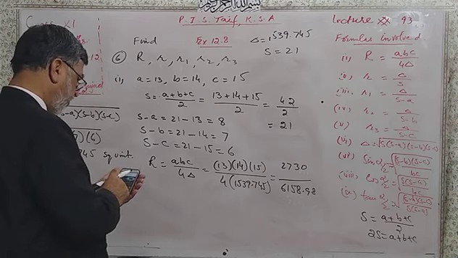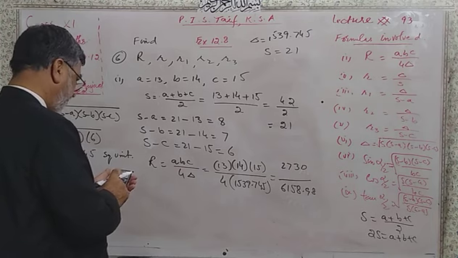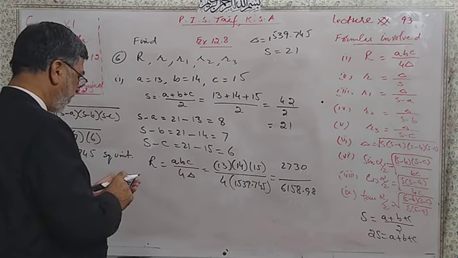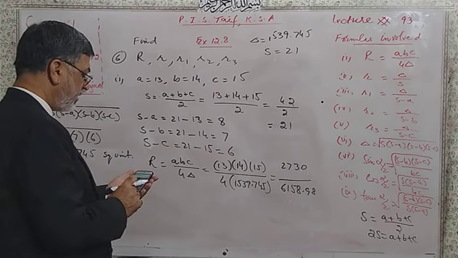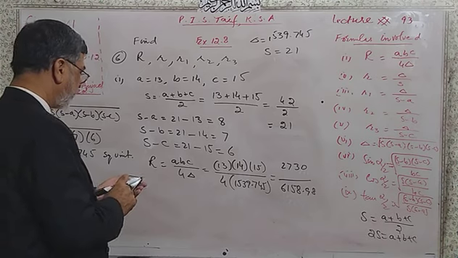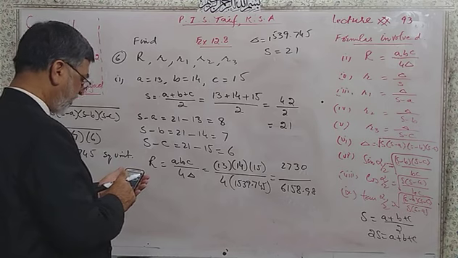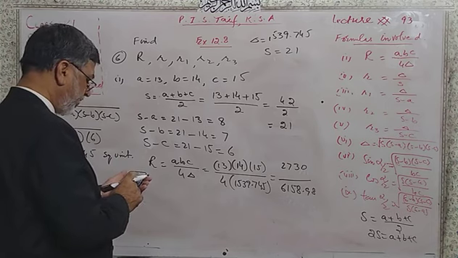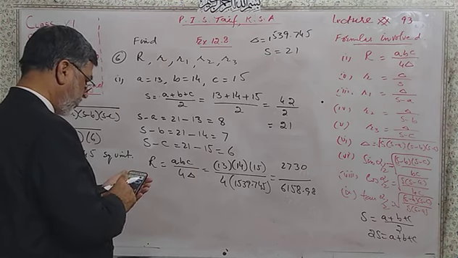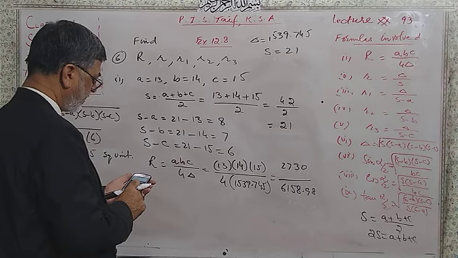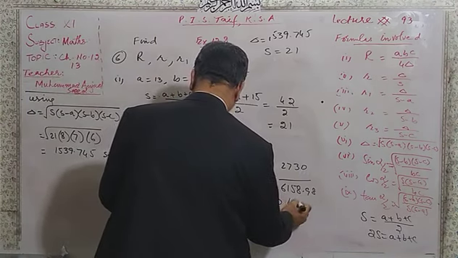So delta was 1539.745. I'm going to confirm my values by multiplying with 4. That is 6158. Okay, the same. So we can have 2730 divided by 6158.98. That will be 0.44.